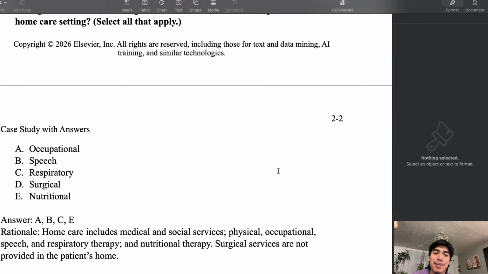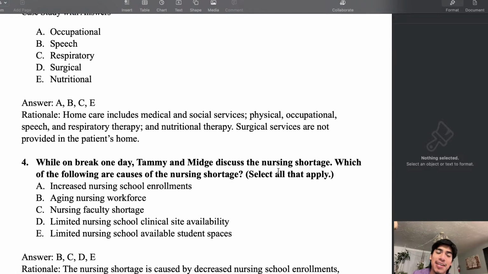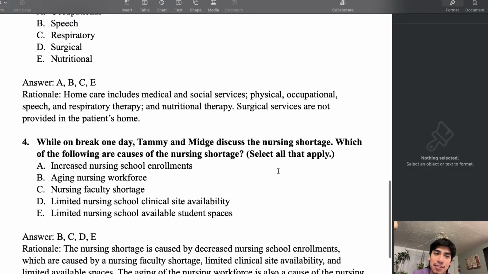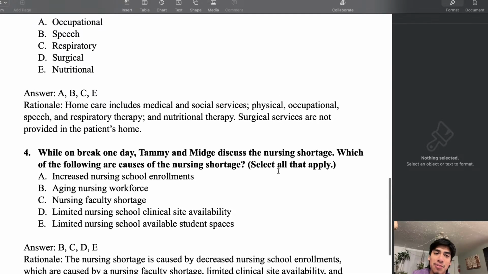Speech, yes. Respiratory, yes. Surgical, probably not. Nutritional, yes. So that makes sense. They're not offering surgeries at people's homes. Everything else, though, yes. Respiratory, helping people breathe, and oxygen, speech therapies, occupational help, nutritional, of course.